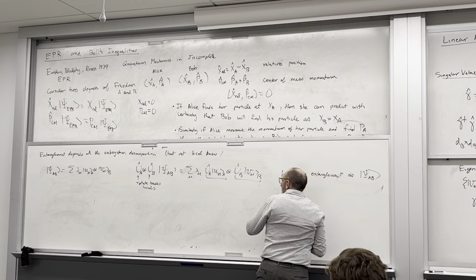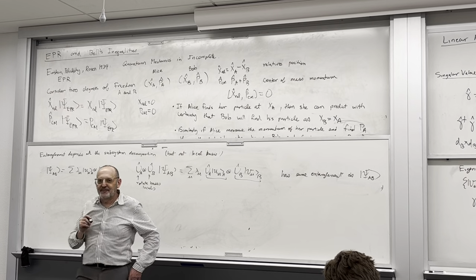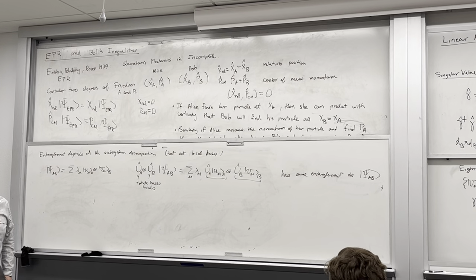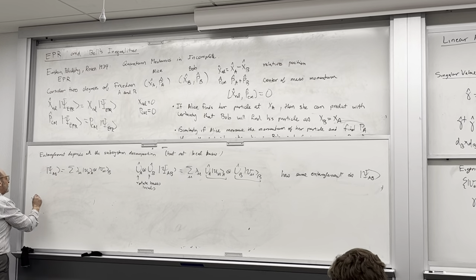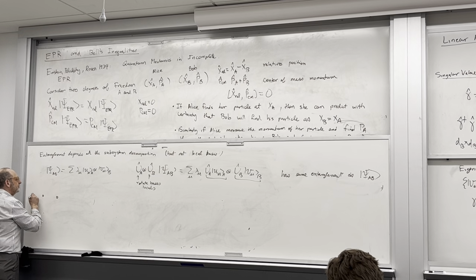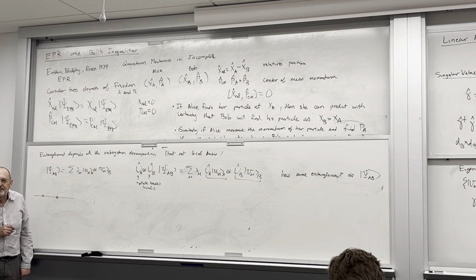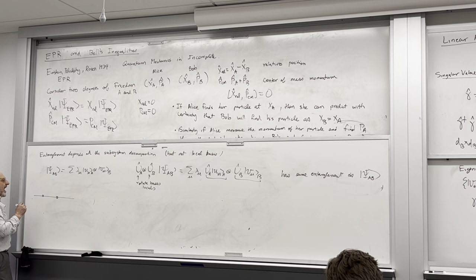However, let me think about the following situation that is somewhat related to the EPR state. Let's say I have two particles on a line. Or they don't have to be on a line, they could just be two particles moving in three-dimensional space.